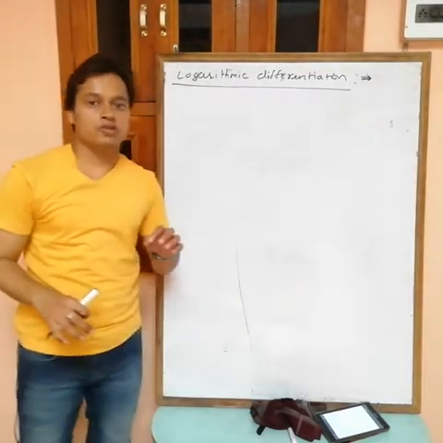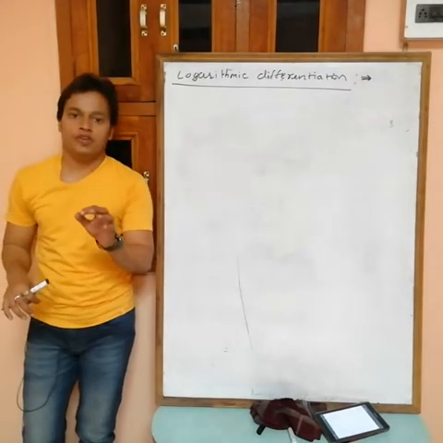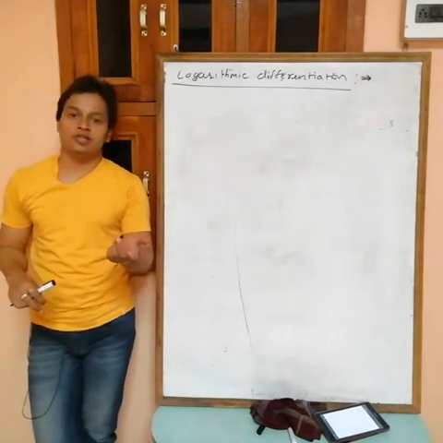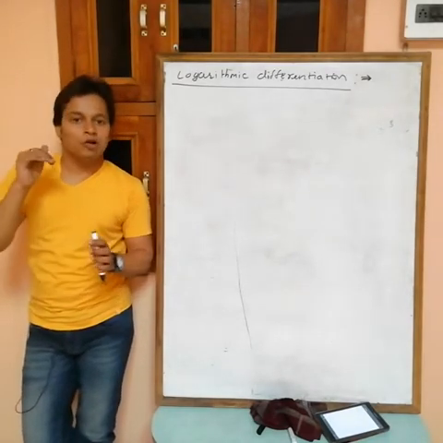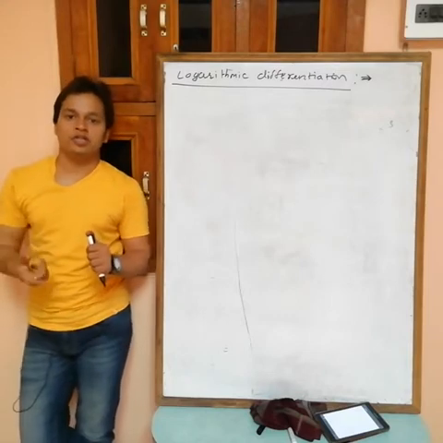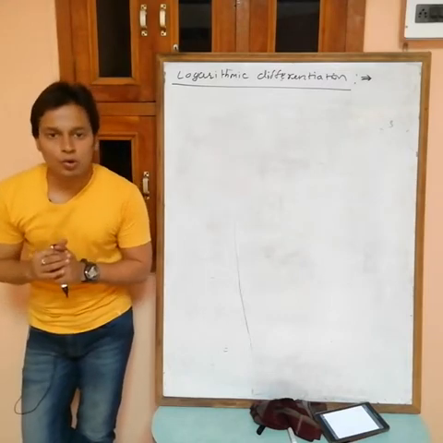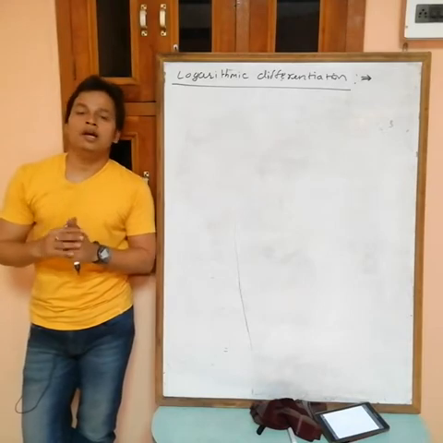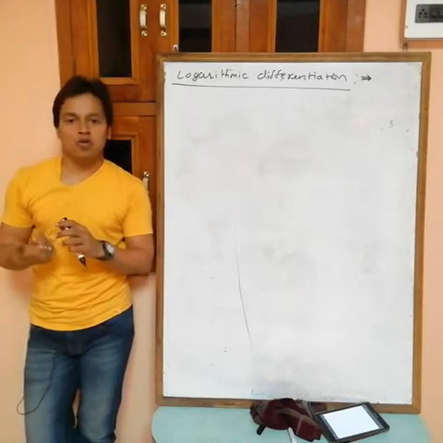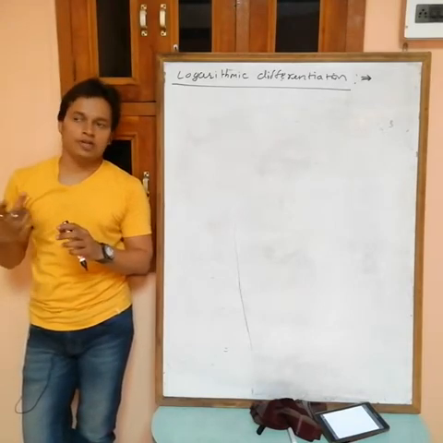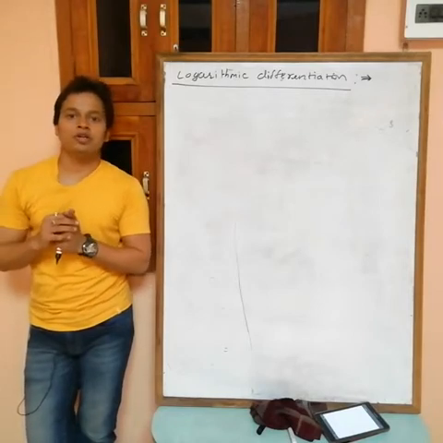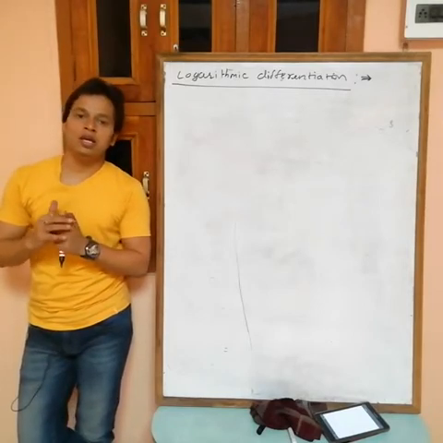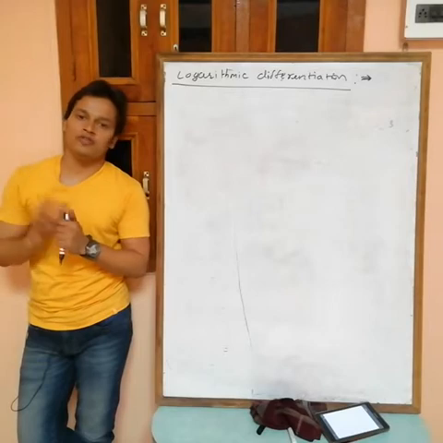Actually, it is the process of taking logarithm first and then differentiating. If you take logarithm first and then differentiate, then the process is known as logarithmic differentiation. It means take log and then differentiate. Now when do we have to use logarithmic differentiation? Mainly in the case of two types of questions.